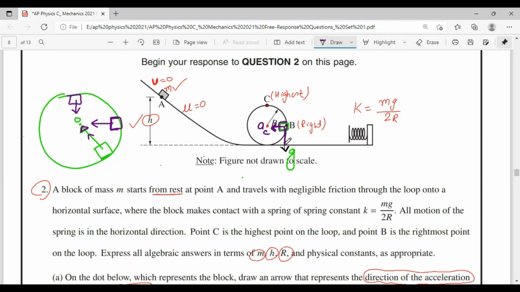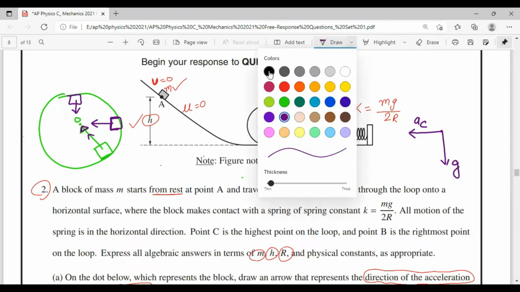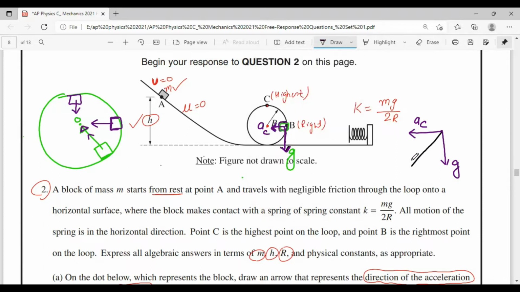So what will be the net acceleration? One acceleration is pointing in this direction, that is ac, the centripetal acceleration, and another acceleration is pointing vertically downward, that is g. So the net acceleration should be in between these two. So this is the net acceleration of the block.